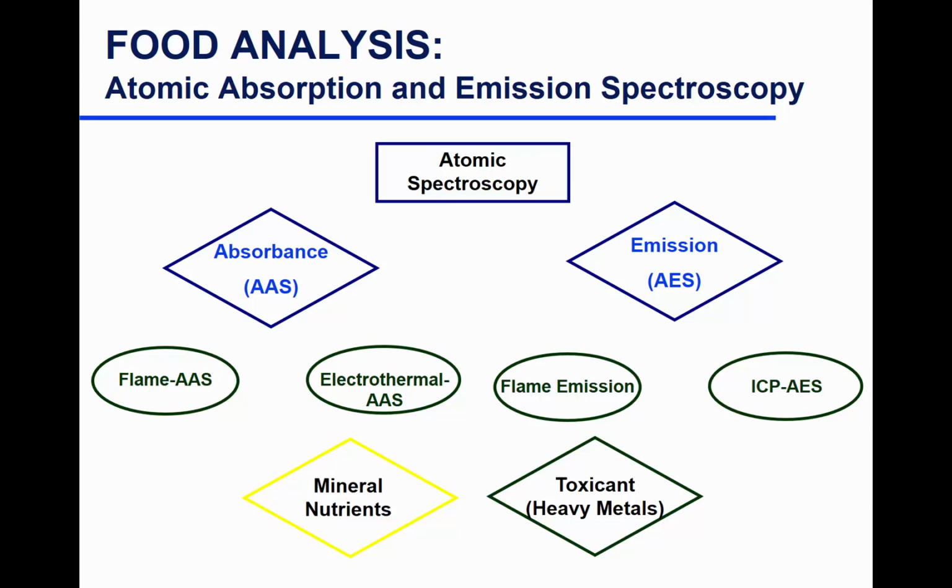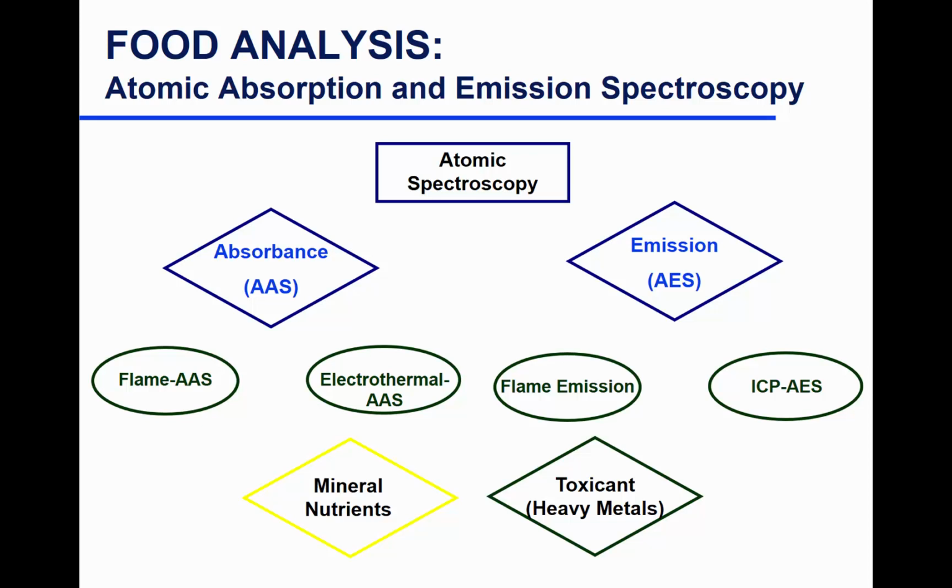So atomic spectroscopy has a unique application, which is really determining the content of minerals and toxicants that are heavy metals. So the minerals that are nutrients important for our bodies, some of them important for the label, like calcium and iron and potassium and sodium, for labeling purposes.